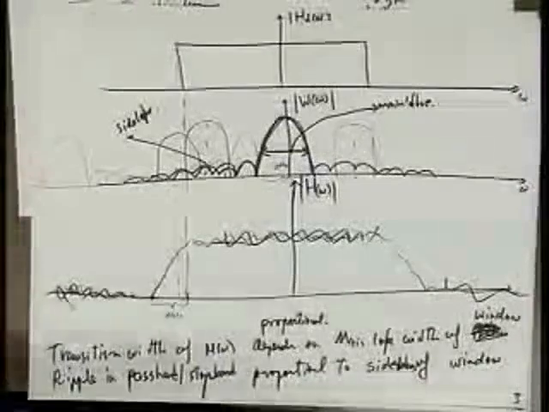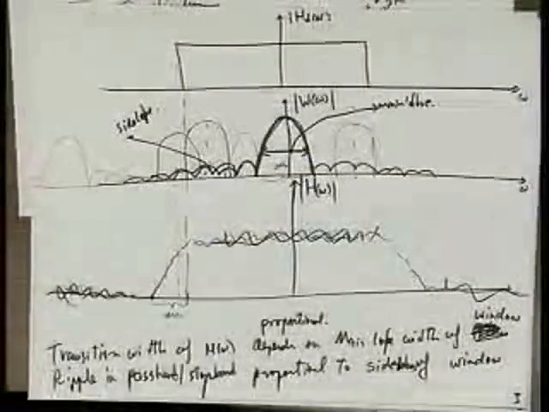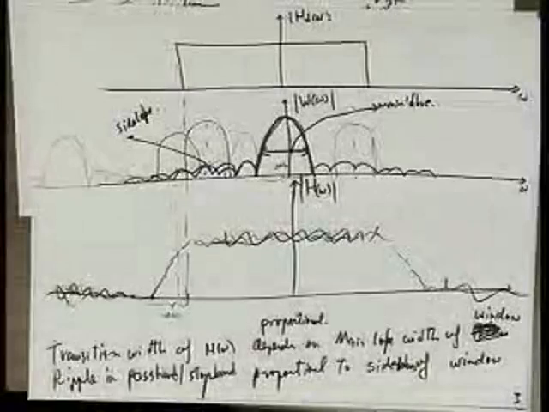So the question that I want to ask is, how do we design the window function W of n in order to get good, and I put good in quotes, good main lobe and side lobe behavior? So that's sort of what we're going to concern ourselves with.